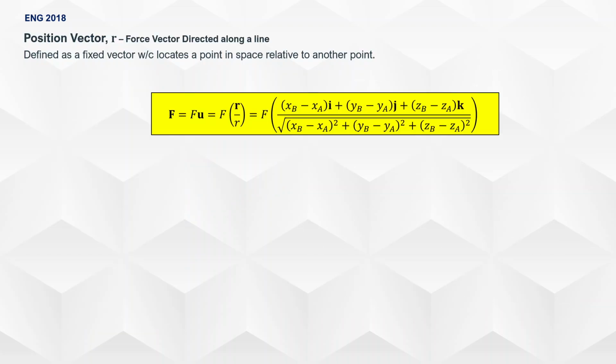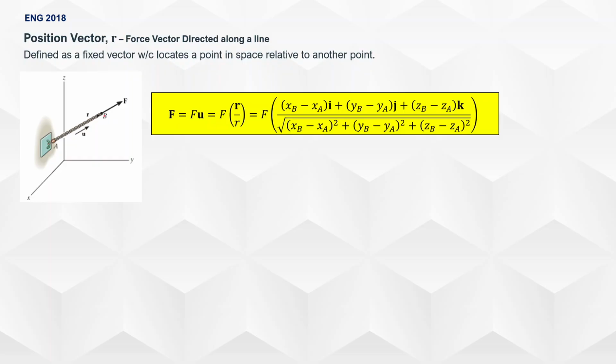But sometimes we have an application here. One peculiar problem is the force vector directed along a line, where the direction of a force is specified by 2 points through which the line of action passes. Let's take the chain example in your book. The force passes through the chord from A to B. In addition, our vector R passes through the same line of action.